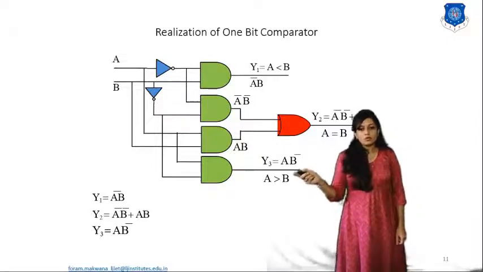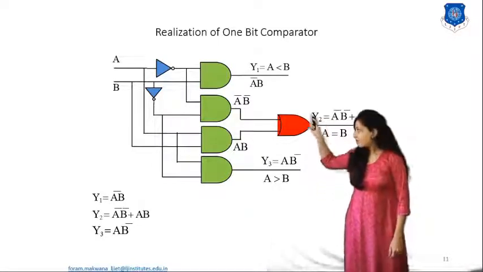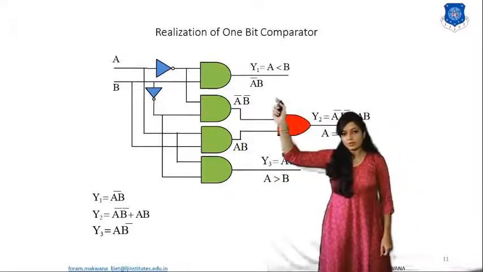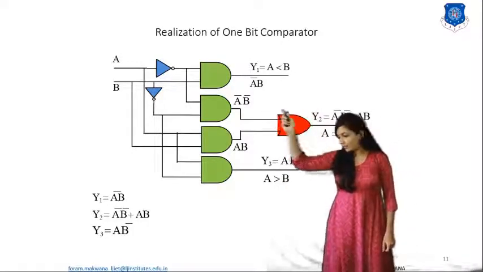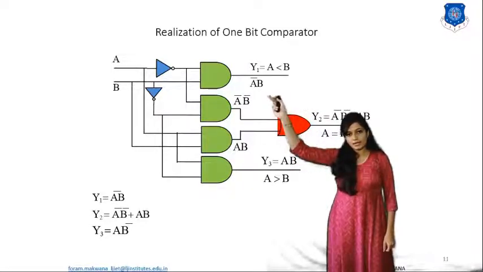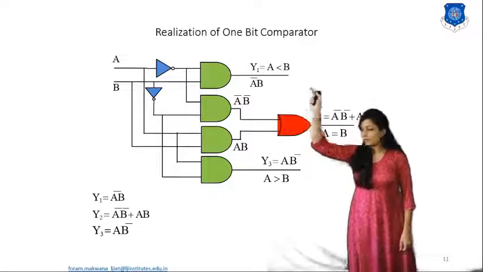Let us draw its circuit. A and B are the inputs, the complement of A will be A bar, and the complement of B will be B bar. A bar is ANDed with B, which gives the output Y1.